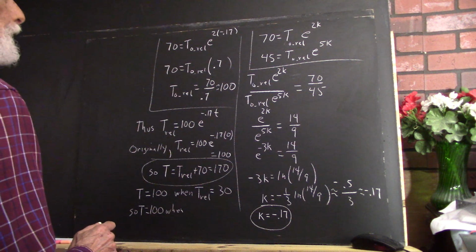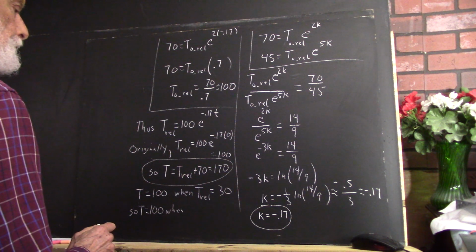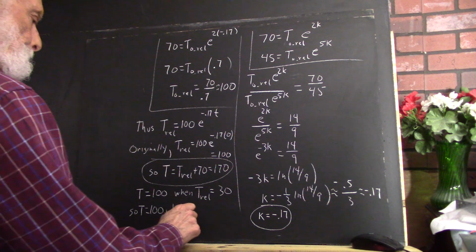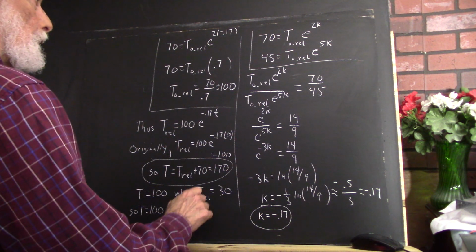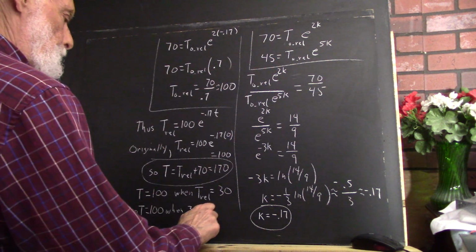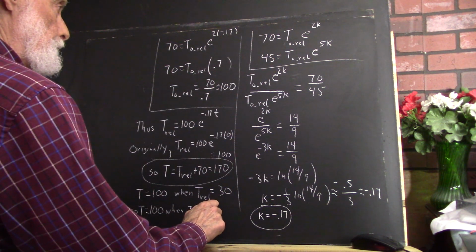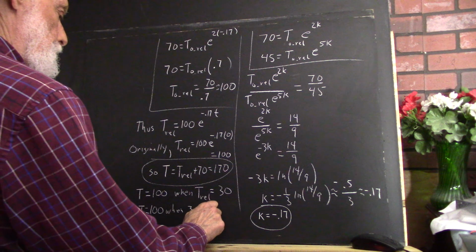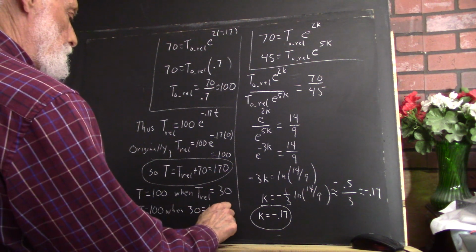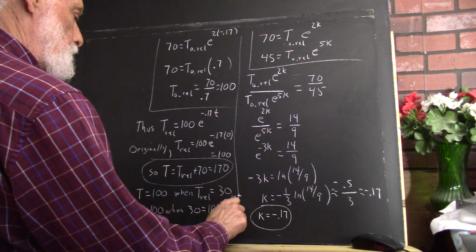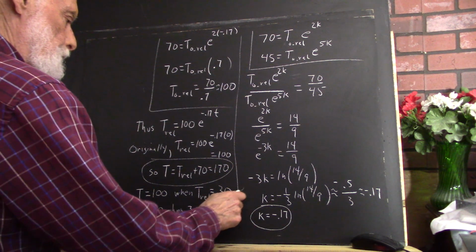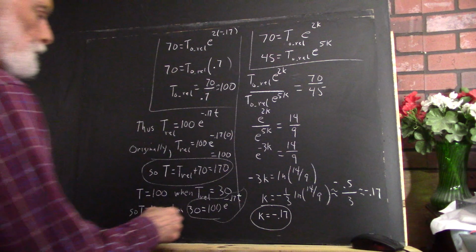So the temperature is 100 when our relative temperature is 30.